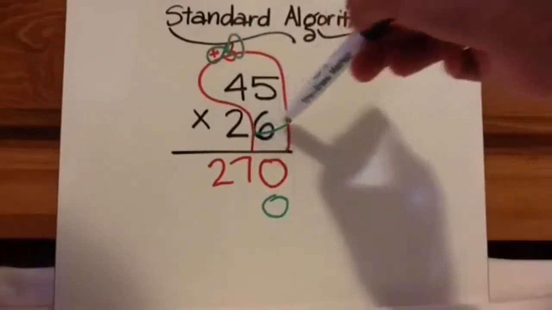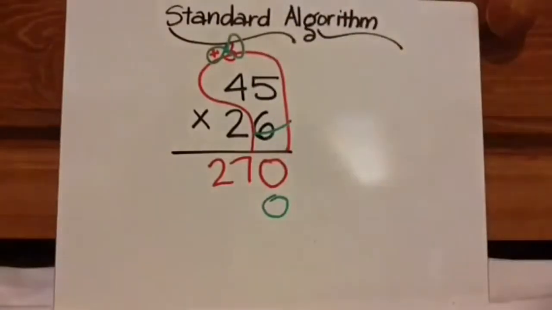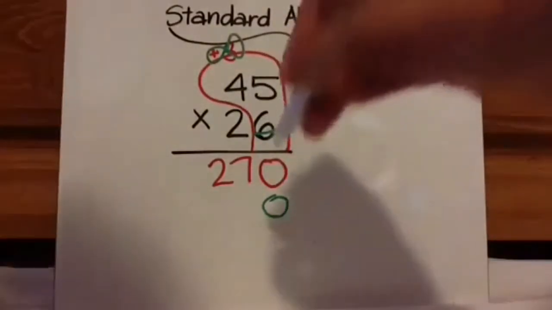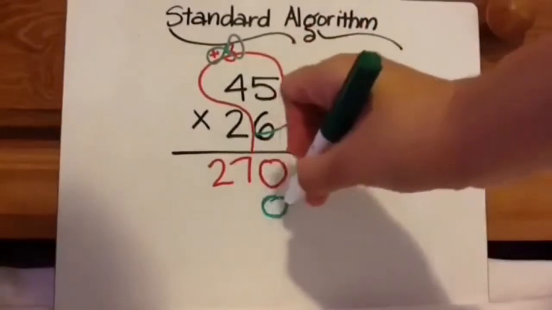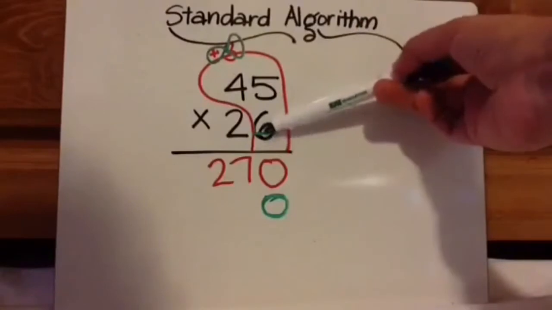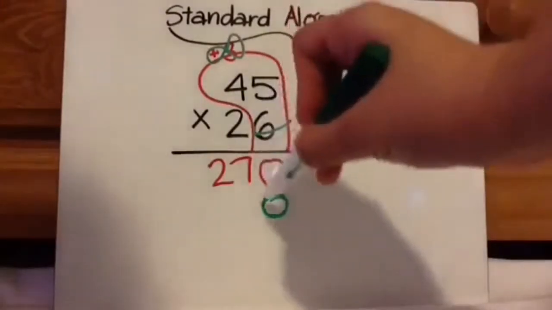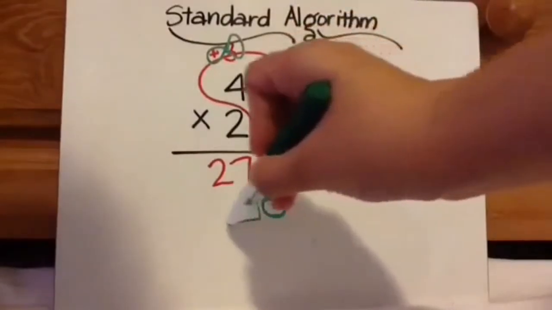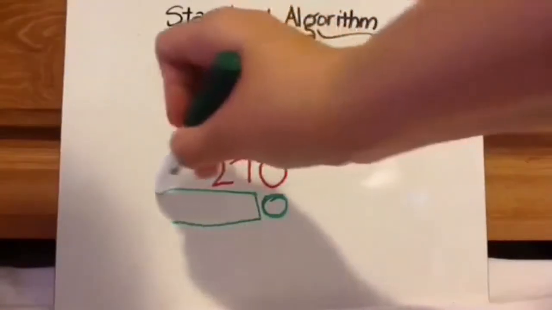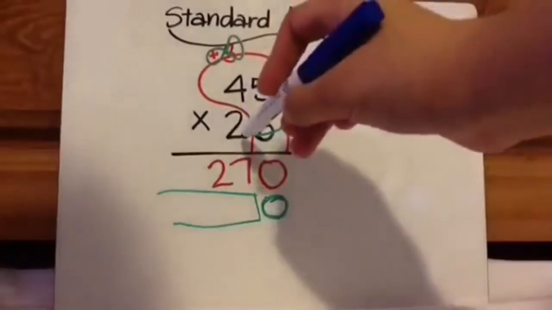You might accidentally do 45 times 6 again in the second step. And if you don't lay the egg, your numbers are going to be off, because you basically multiplied everything with the ones place, the 6. So you're putting a 0 because now you're starting with 2, so everything now starts here in the tens place and over.